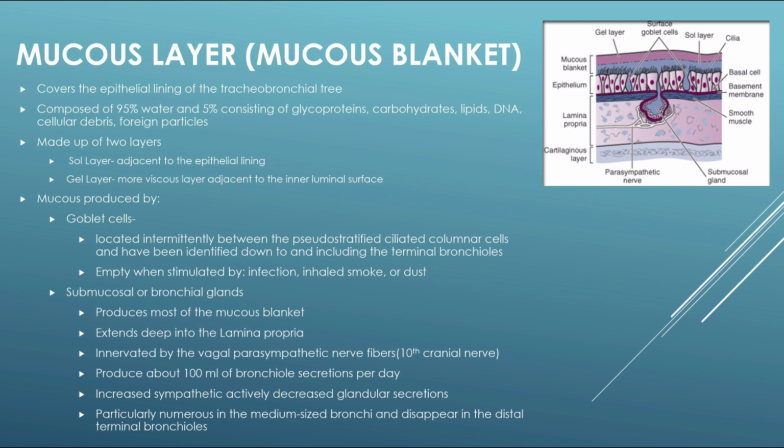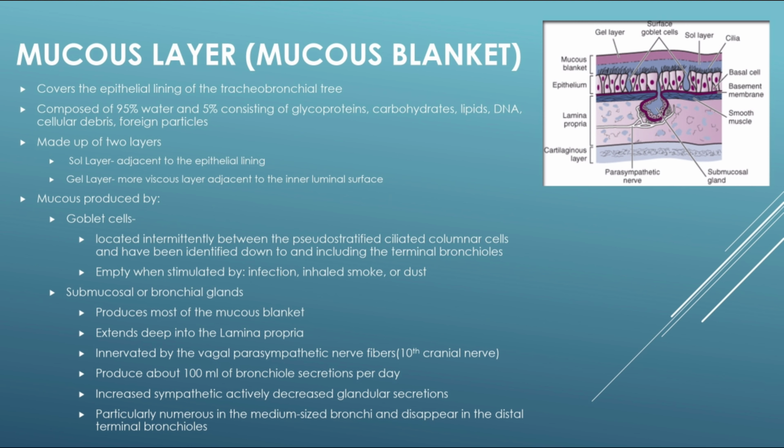The next part that can create mucus is the submucosal or bronchial gland, which you can see in the picture. It's down a little bit lower and deeper in the lamina propria. This produces most of your mucus blanket, and it extends, like I said, deep down in the lamina propria.